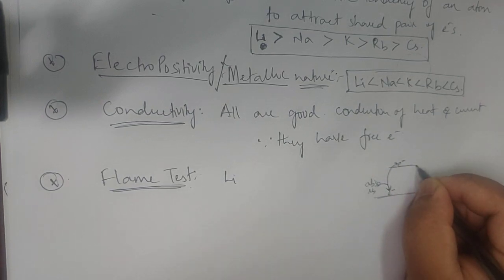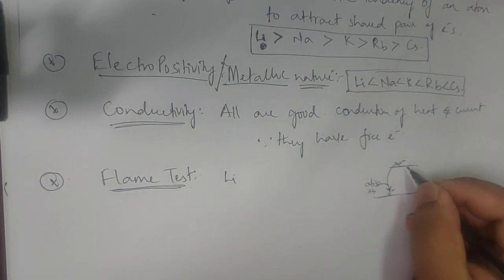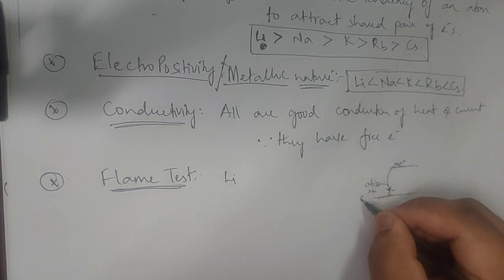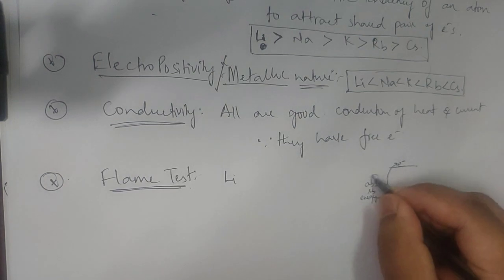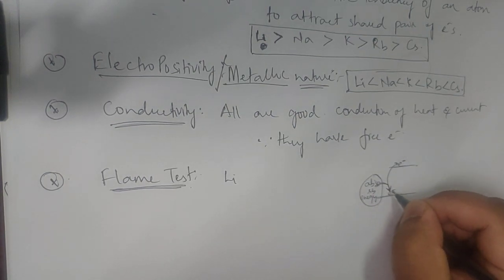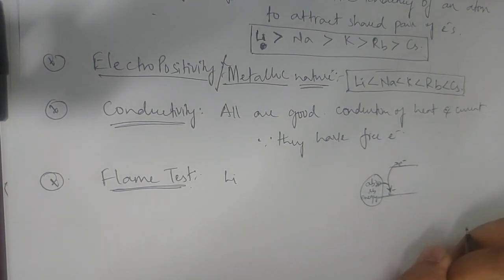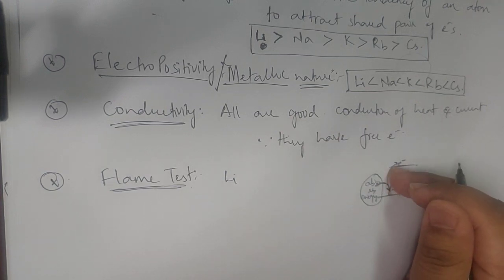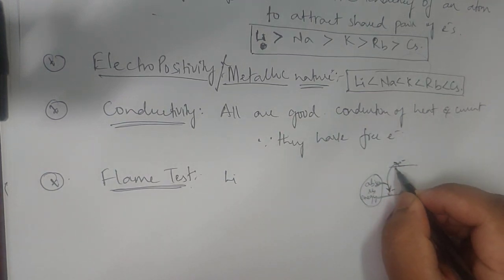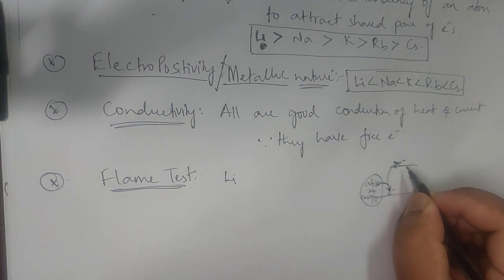For example, in lithium 2s1, the next energy level is 2p. So the electron absorbs energy, from a photon or whatever, and once it absorbs the energy, it gets excited, and we call it an excited electron. It jumps into the higher energy level. Now this electron cannot remain there for a long time, so it quickly comes back to its ground state.